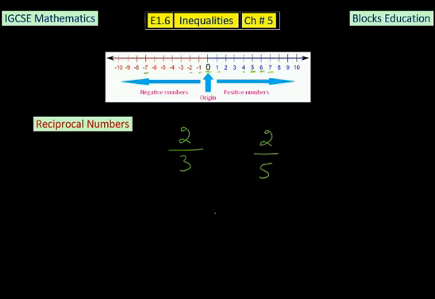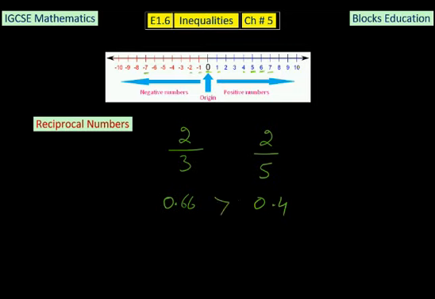So if somebody asks you which number is greater or which number is smaller, naturally you probably think of 2/3 as equal to 0.66 and 2/5 as equal to 0.4. So you can clearly see, by looking at the decimal numbers, that 0.66 is greater than 0.4.